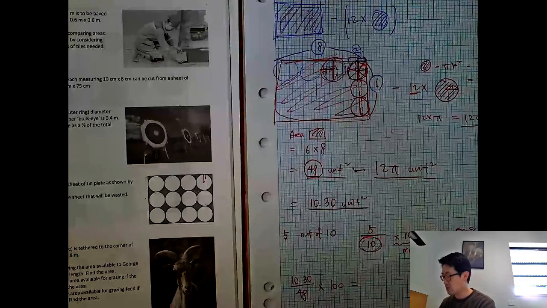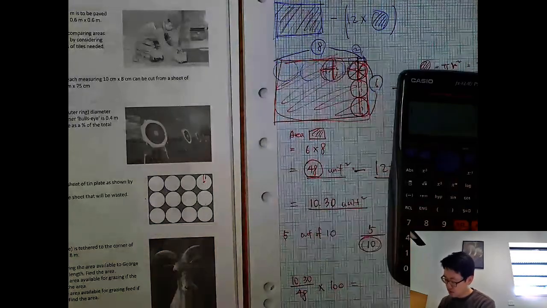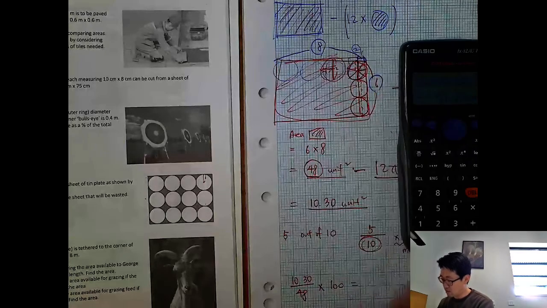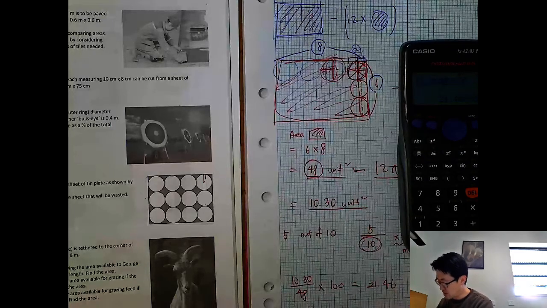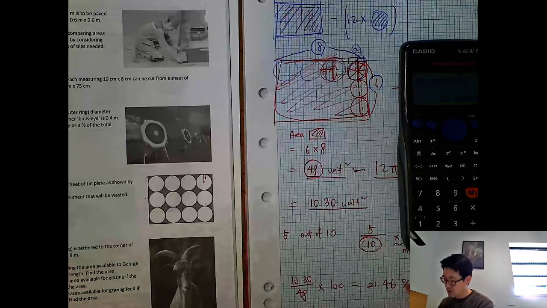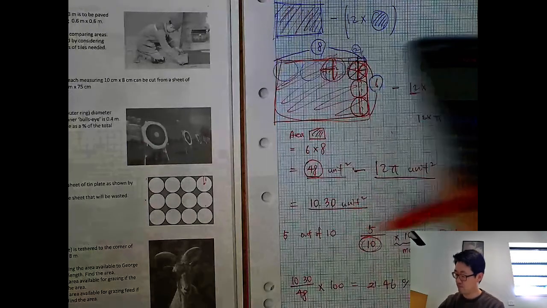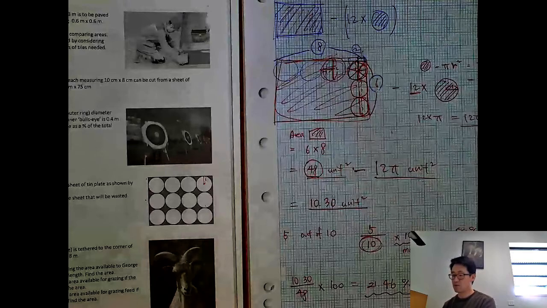Times 100. Excellent. So let's do that. So 10.3 divided by 48 times 100. What do I get? 21.45. I'll make that 6. Yep. Percentage, 21.46%. That's how much wasted.